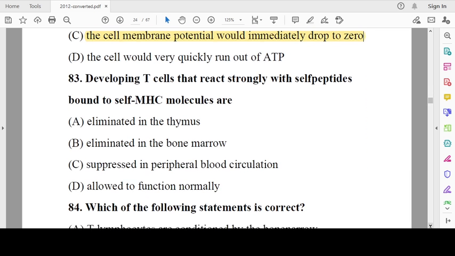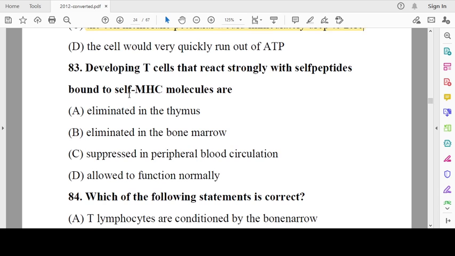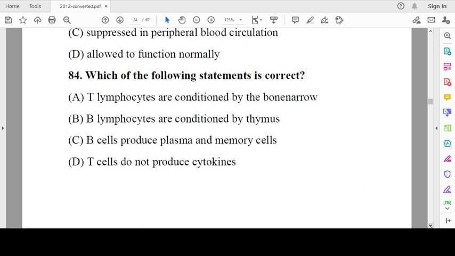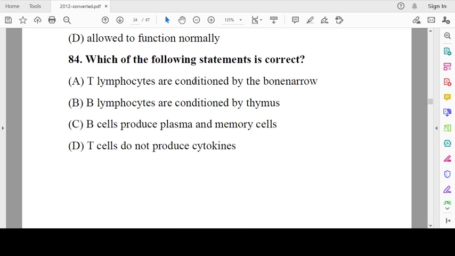A developing T cell that reacts strongly with a self peptide bound to a self MHC molecule will be eliminated in the thymus, where the differentiation of T cells occurs. Which of the following statements is correct? These lymphocytes are conditioned by the bone marrow. Yes, it is a correct option because B lymphocyte maturation and differentiation occur in bone marrow.